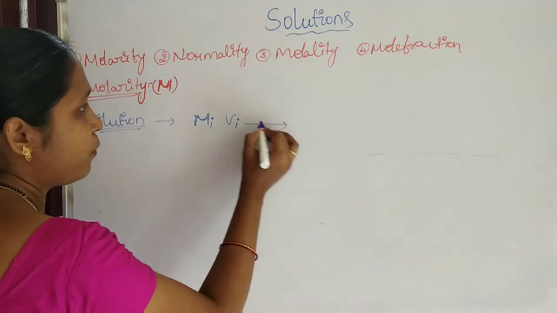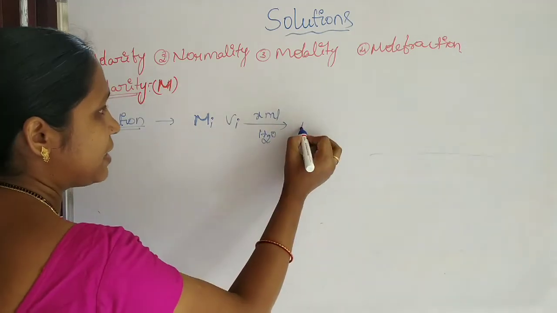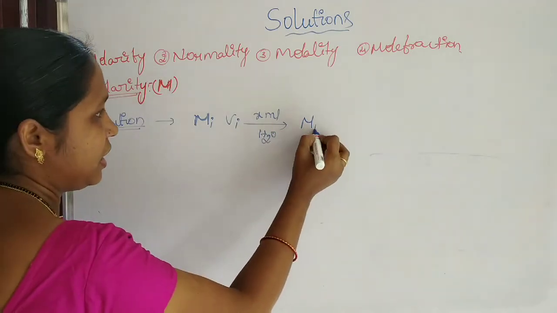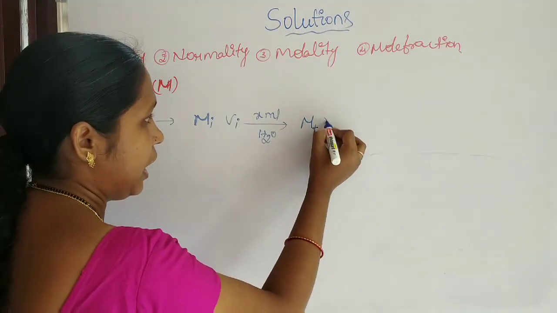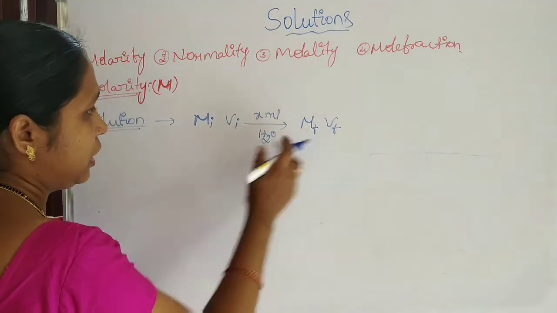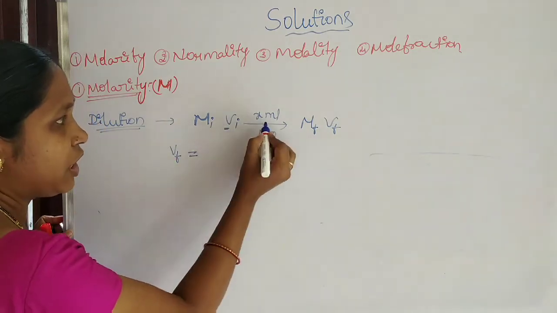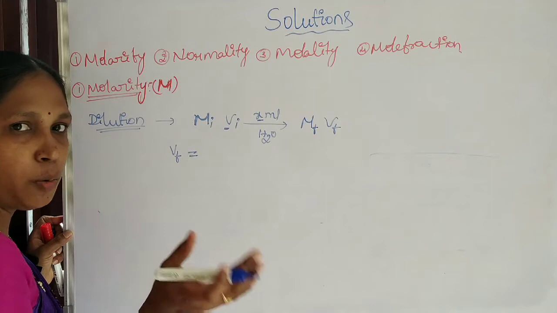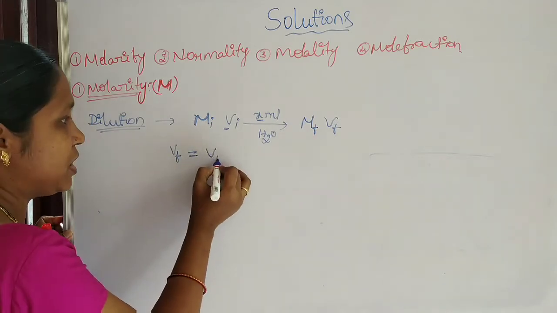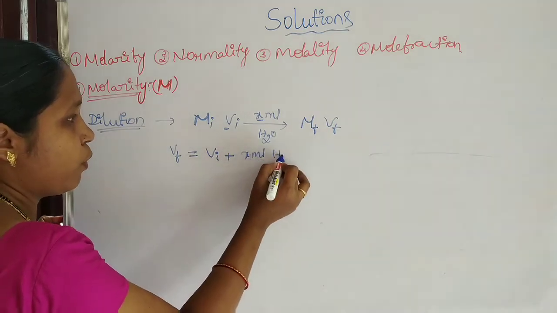After the addition of X ml of water, the molarity of the solution changes to the final molarity and final volume. The final volume is equal to the initial volume plus the X ml of water added.